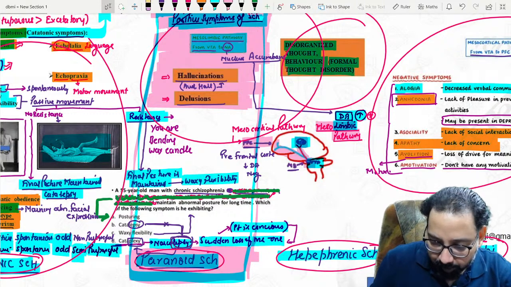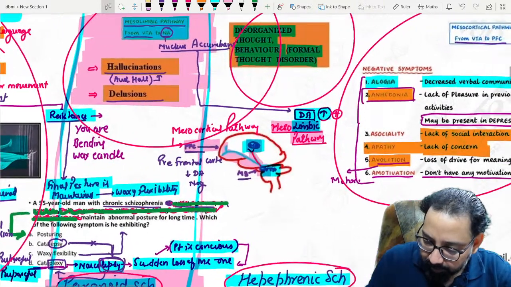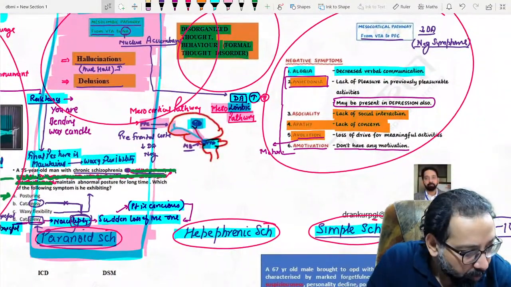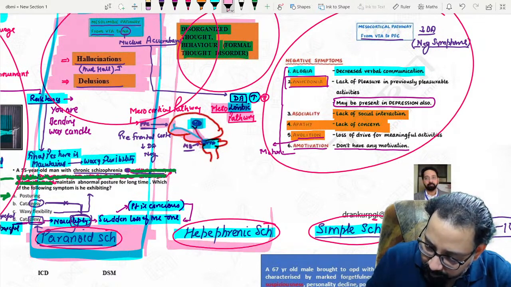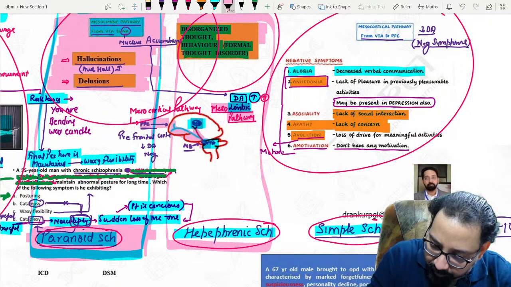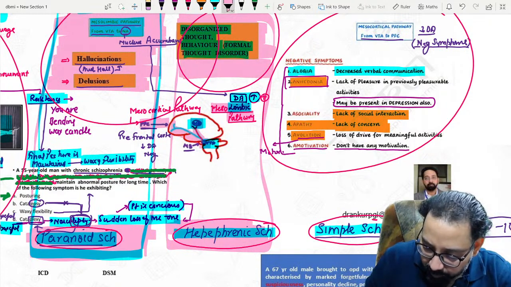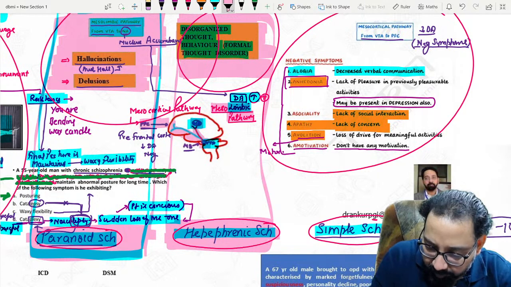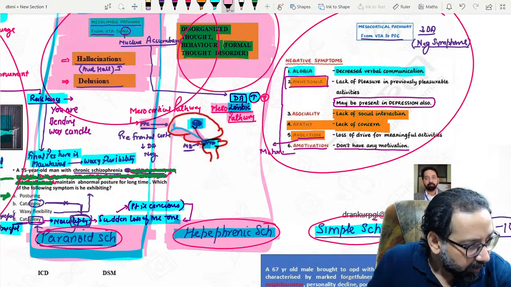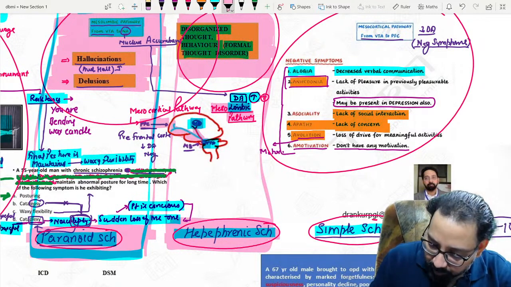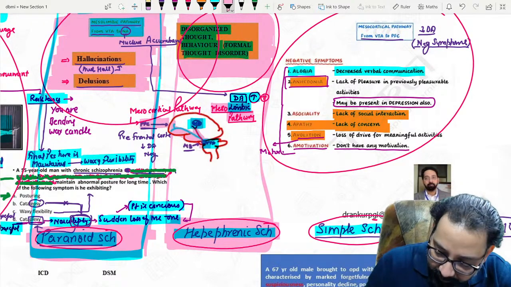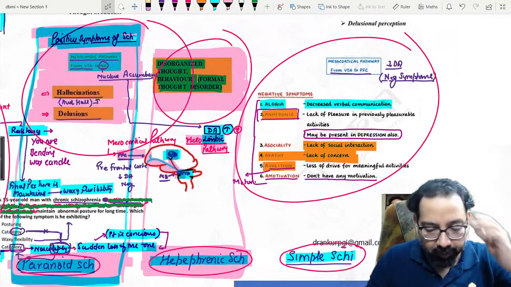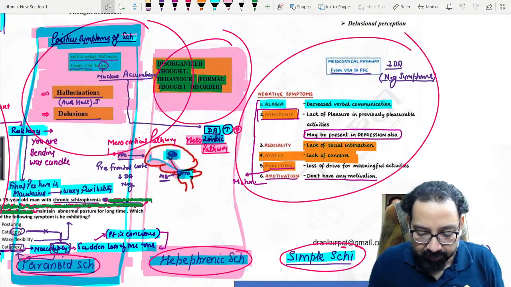Now, if a person is having mainly formal thought disorder, which type of disorder? Formal thought disorder, disorganized behavior. Yes, good. A question is asked. Now listen carefully. If formal thought disorder, now you understood what was the purpose to describe like this.